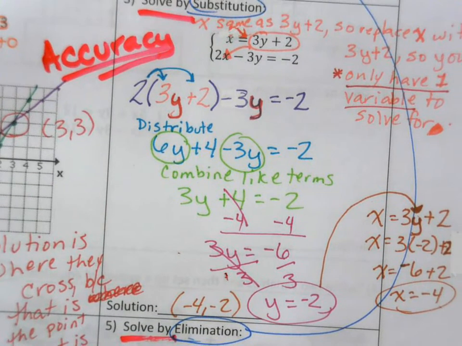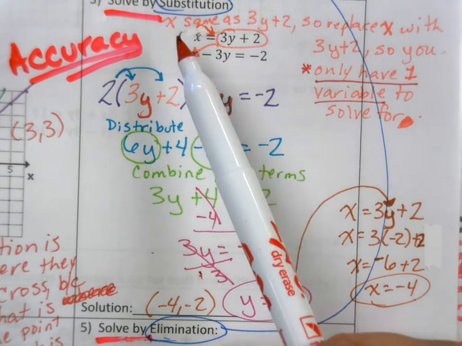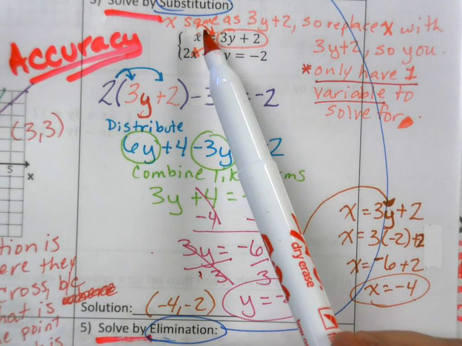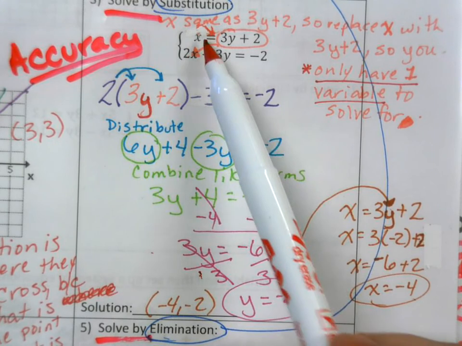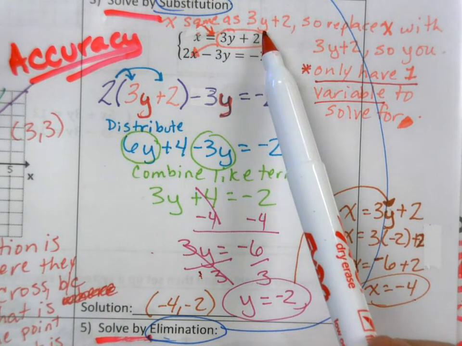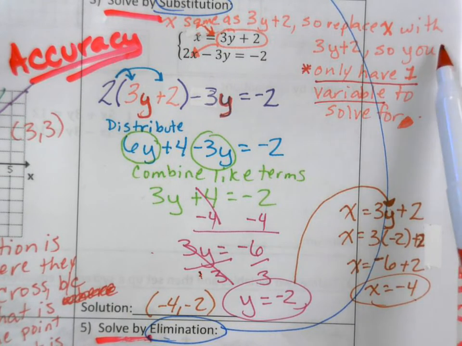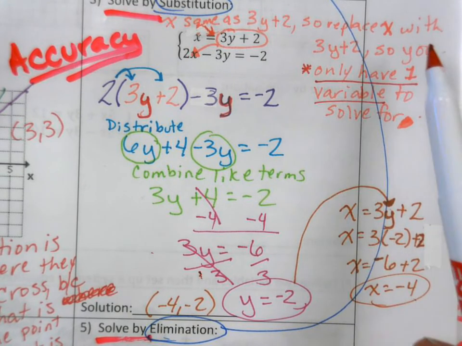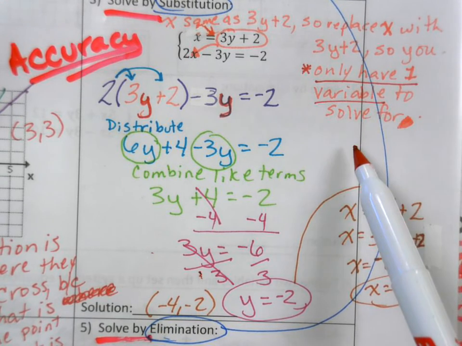Then on this next one, this one is solved by substitution. So notice that I put a note here. It said x is the same as 3y plus 2. So you're going to replace the x with the 3y plus 2, so you only have one variable to solve for.